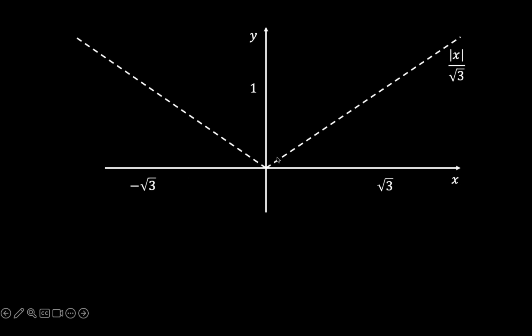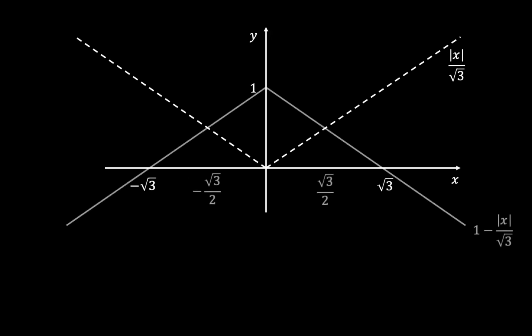On the negative side, instead of y equals x over root 3, which would be negative, it's positive because we're taking the absolute value of x. In other words, it's a mirror image of whatever is on the positive side along the x equals 0 line, or the y-axis.